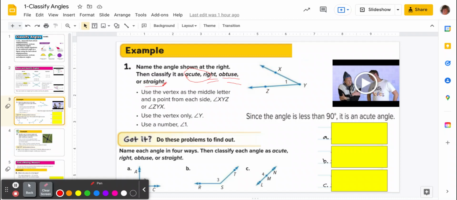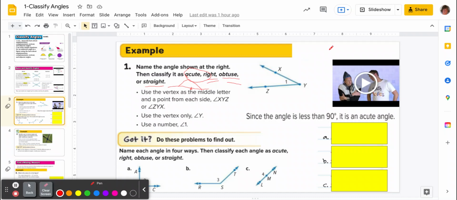And an angle that is one straight line is 180 degrees. Once again, you need to write down these definitions. Acute is less than 90. Right is exactly 90. Obtuse is more than 90. And straight is exactly 180, one straight line.